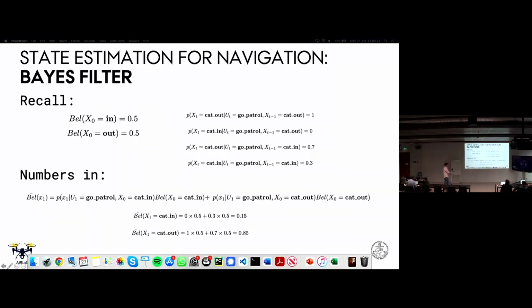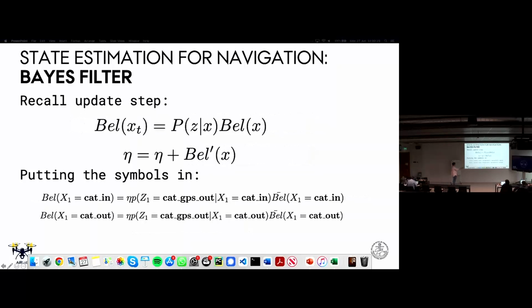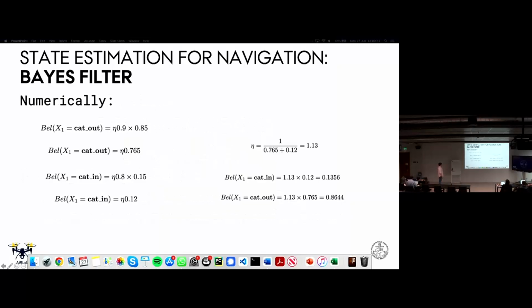These two give us a prior given our model, and from that prior we can calculate the belief of the cat being either in or out. And again, you can just literally fit the numbers in. This is simple when it comes to binary state spaces. Obviously, if you have a bigger state space or even a continuous state space, then the problem becomes infinitely more difficult. But this is as simple as I could have made it for this exercise.